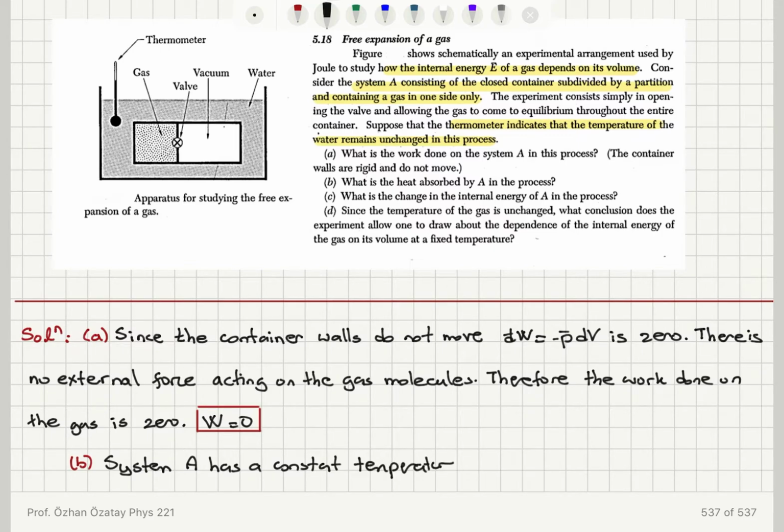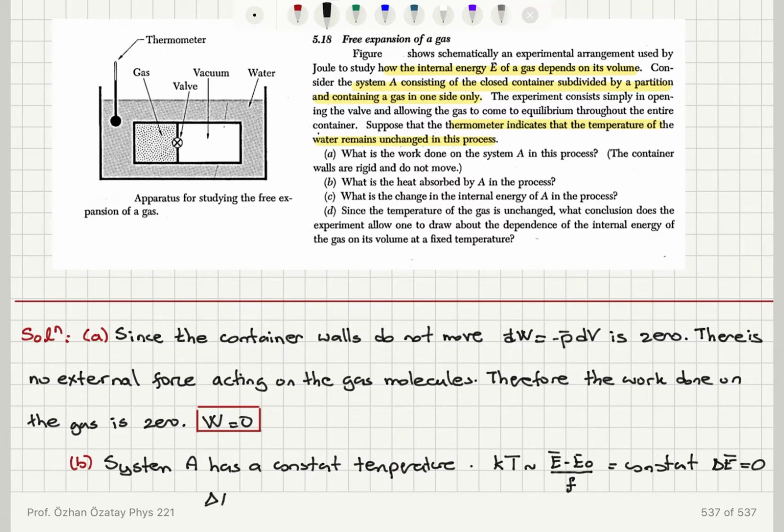And remember that thermal energy, kT, is an indicator of the mean energy above the ground state energy per degree of freedom. So if this is a constant, we find that the mean energy of the system should not be changing. So delta E bar should be equal to 0.